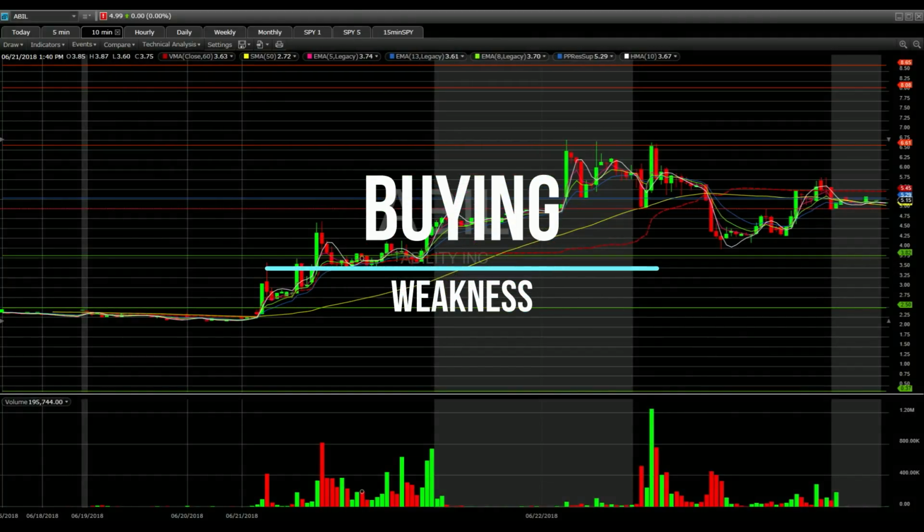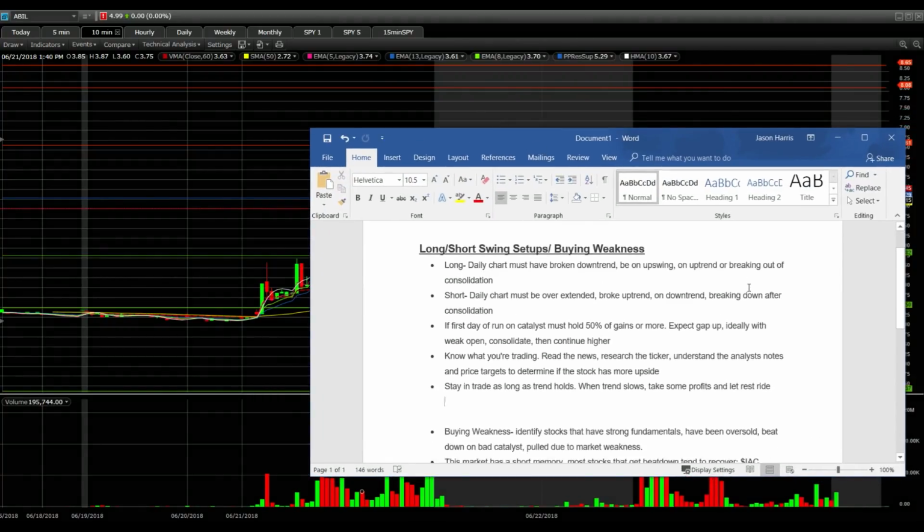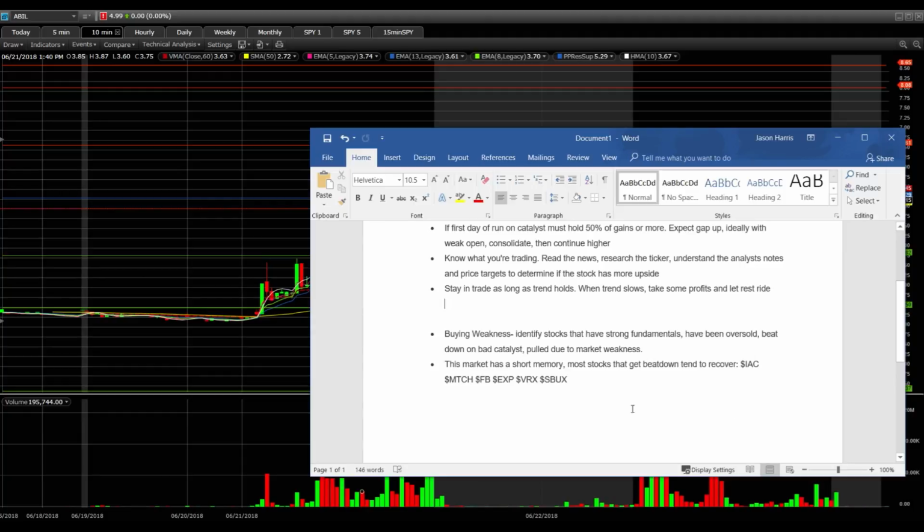So the next thing I wanted to get into was buying weakness. And I see this a lot, and there's a huge opportunity when it comes to buying weakness. So you want to identify stocks that have been really oversold. They still have strong fundamentals. They may be down because of some bad PR or bad catalyst, or maybe they just sold off in some profit taking due to market weakness.